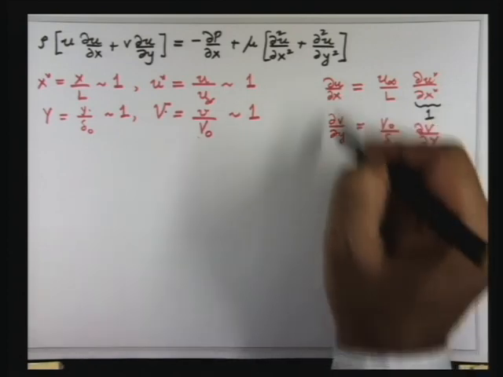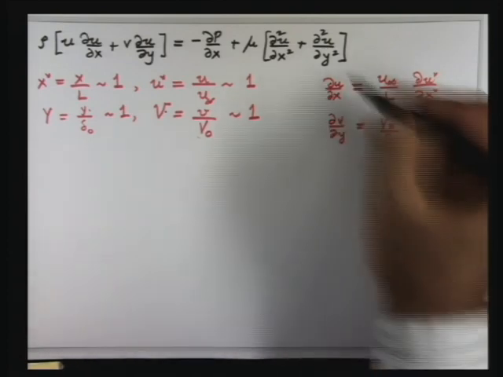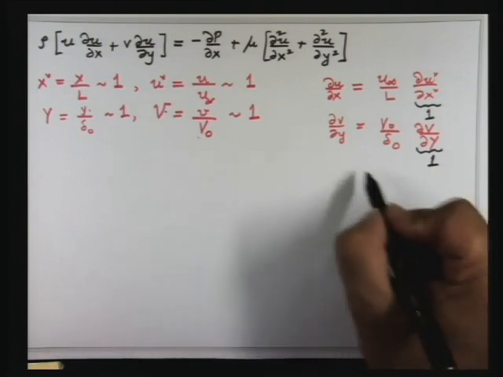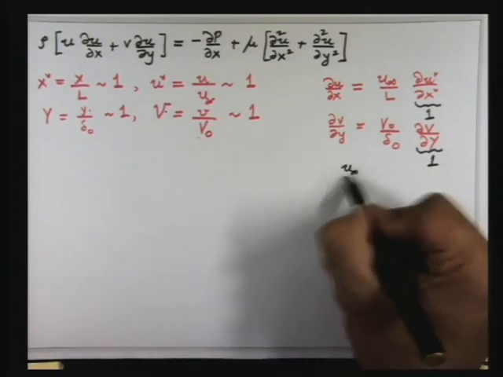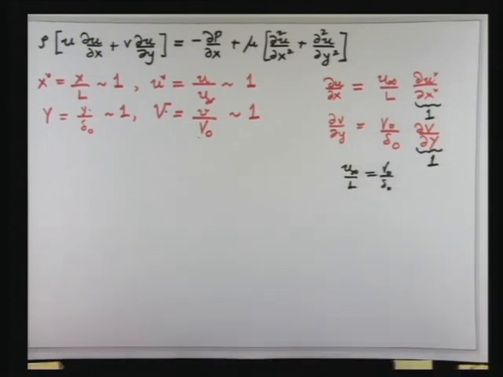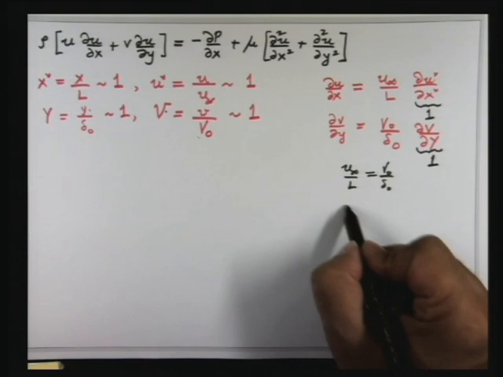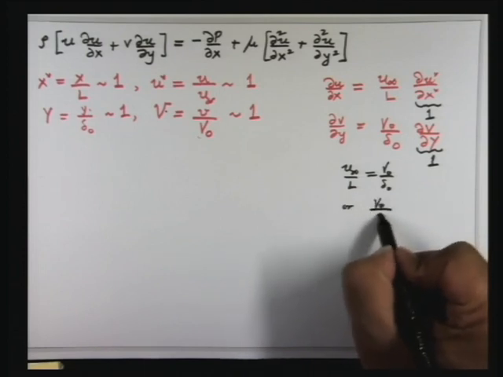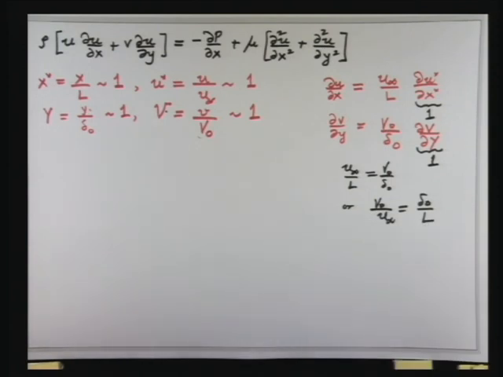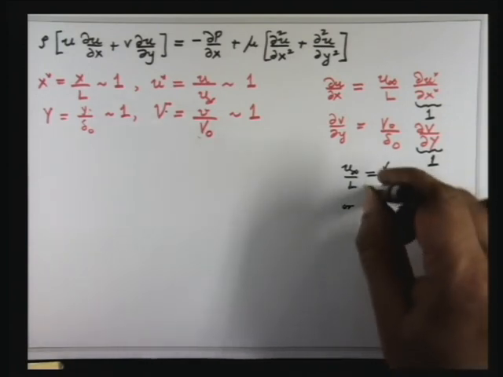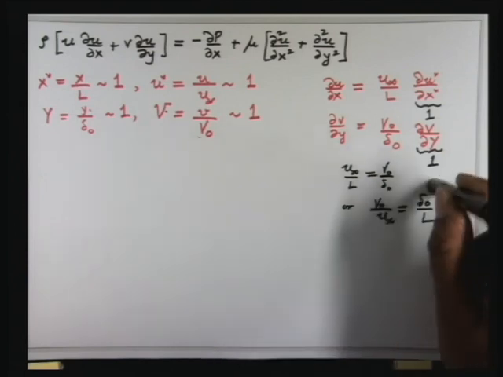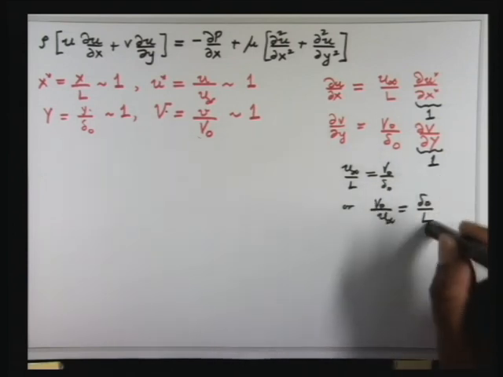Now these two are the same order of magnitude because one is the negative of the other from your continuity equation. So that gives you one relation: u infinity by L is V naught by delta naught, or I can write it as V naught by u infinity is delta naught by L. So the ratio of the y velocity scale to the x velocity scale is the ratio of the y length scale to the x length scale.